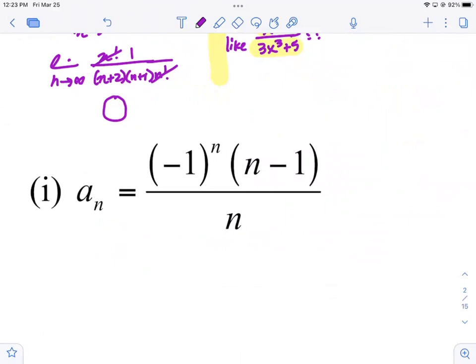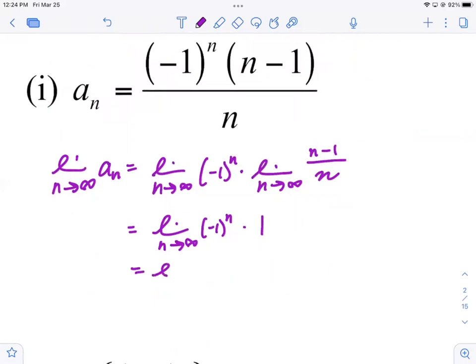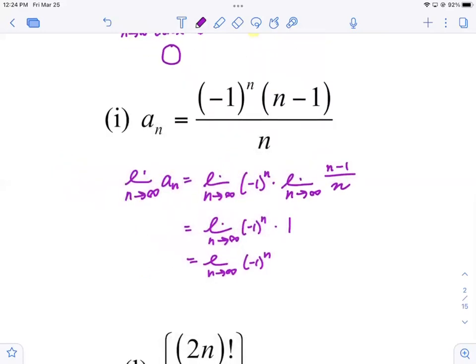Oh, I like this one. What say you, Mason?